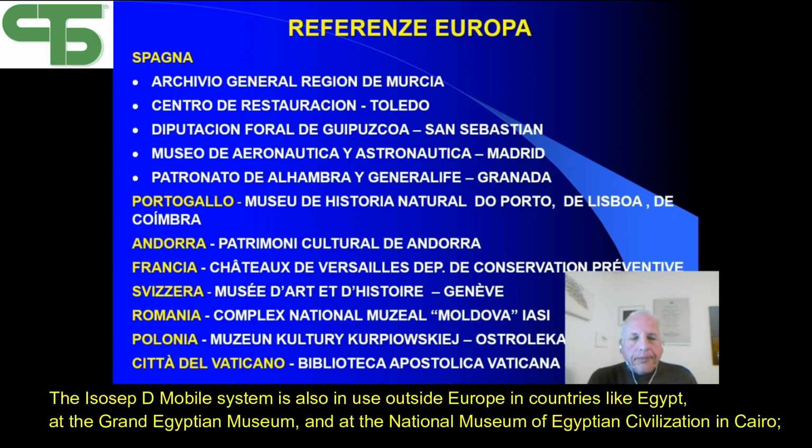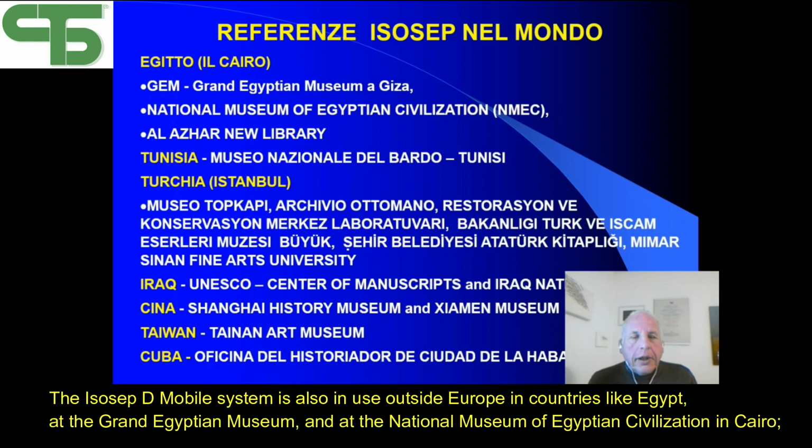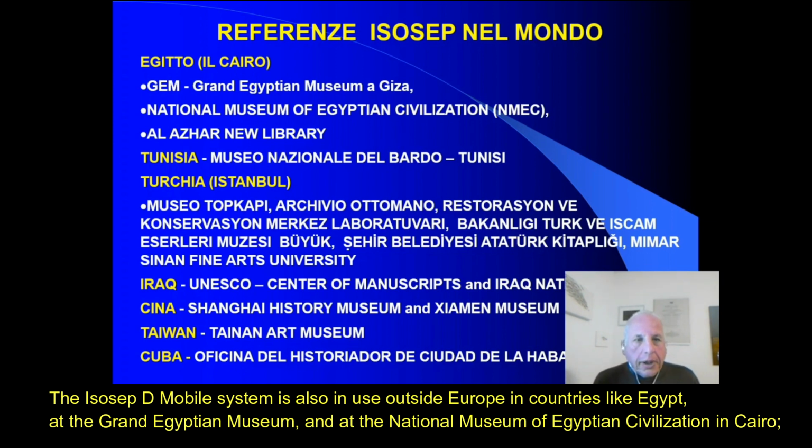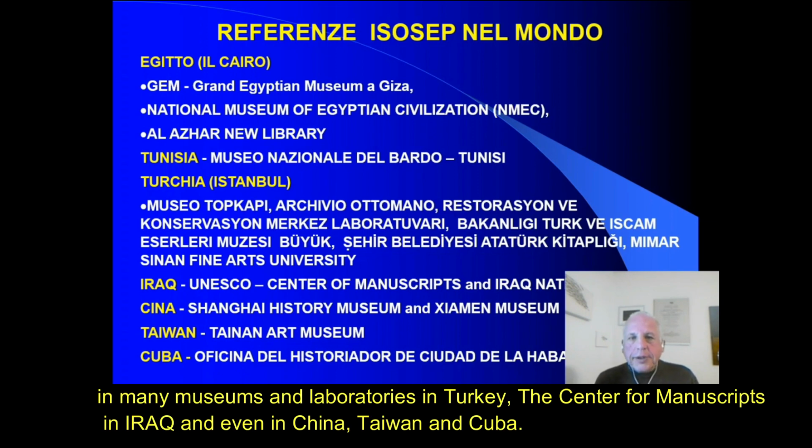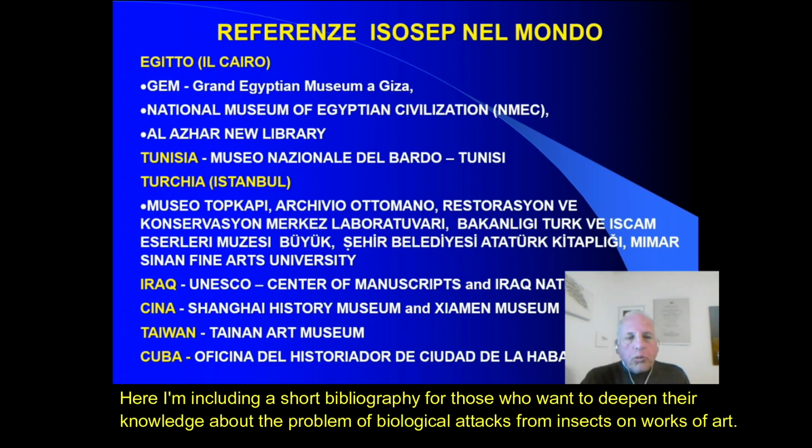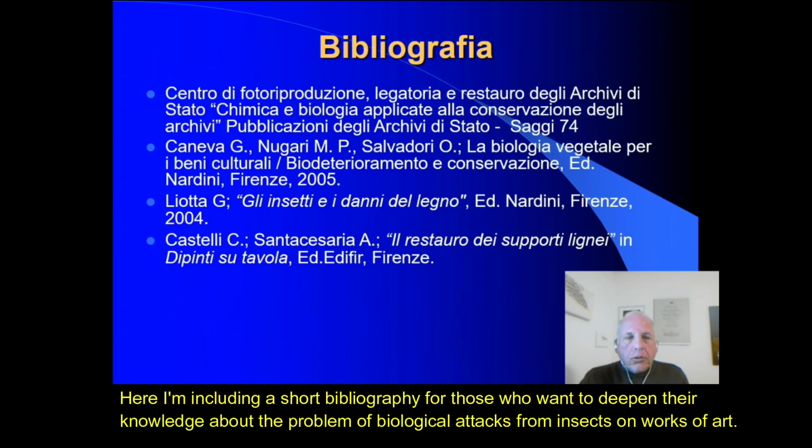The Isosep D Mobile system is also used outside Europe in countries like Egypt, in the Grand Egyptian Museum and at the National Museum of Egyptian Civilization in Cairo, in many museums and laboratories in Turkey, the Center of Manuscripts in Iraq, and even in China, Taiwan, Cuba.